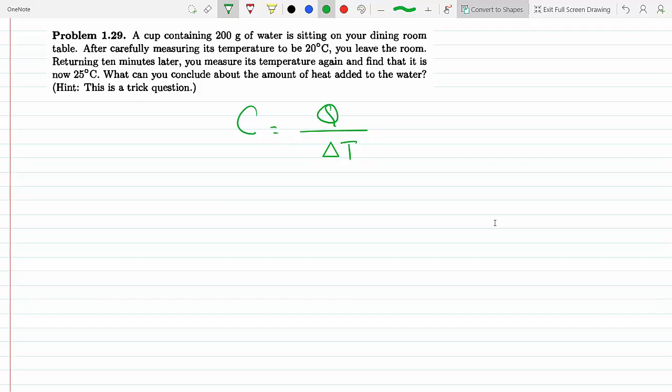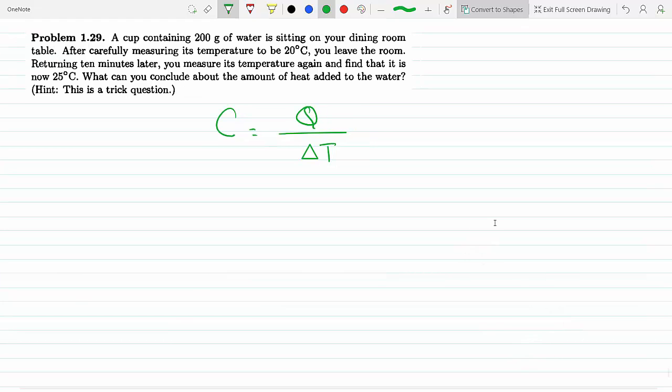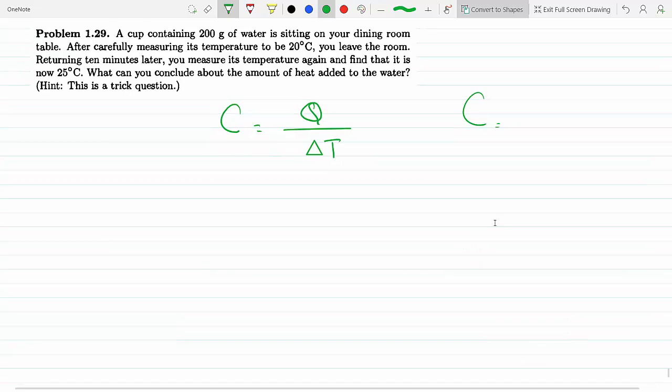Right, and you also know you can make this per gram, because there's a more useful quantity than the specific heat, which is the specific heat per gram. This big C could be C over M, and that's the C we use for water. Oh wait, I wrote this backwards.